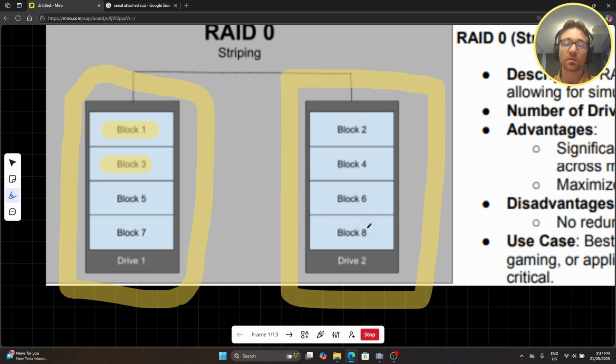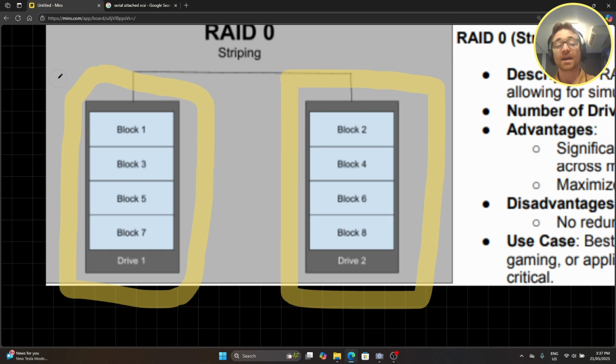Now, the purpose of RAID is basically to make sure that we have a lot of availability of data, or that the data on these drives is able to be accessed in a really fast way, and or to make sure that if we lose any of the drives with this data, we have some way to get that back and we haven't lost it forever.